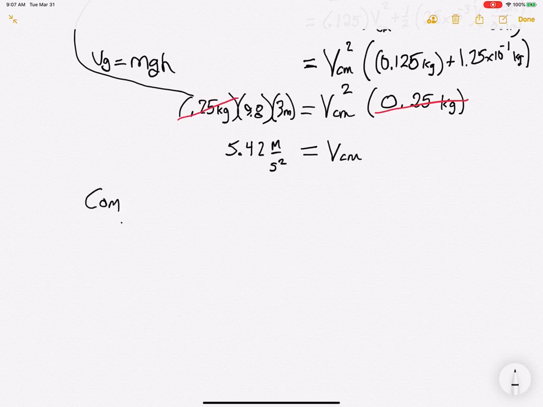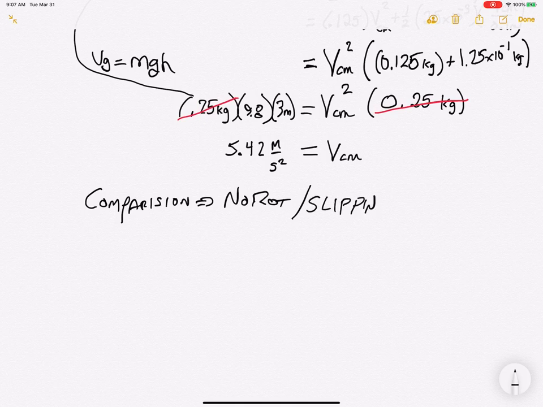For comparison, no rotation, or maybe even just slipping, I would get my U of gravity initial would equal my K total final, but K total in this case is just going to be 1/2 mv squared, because there's no rotation term.